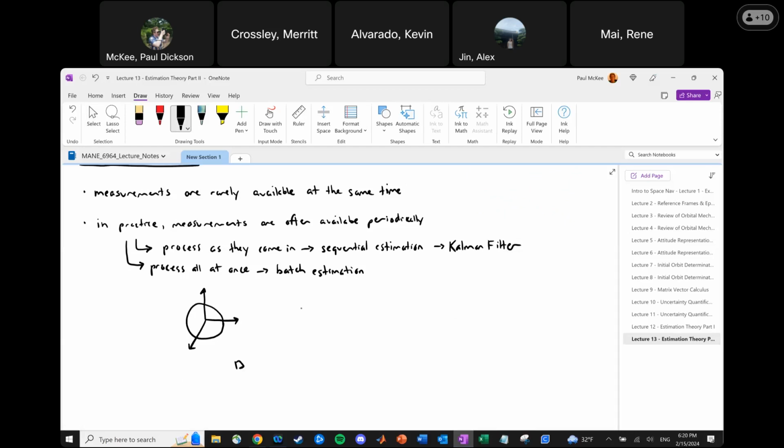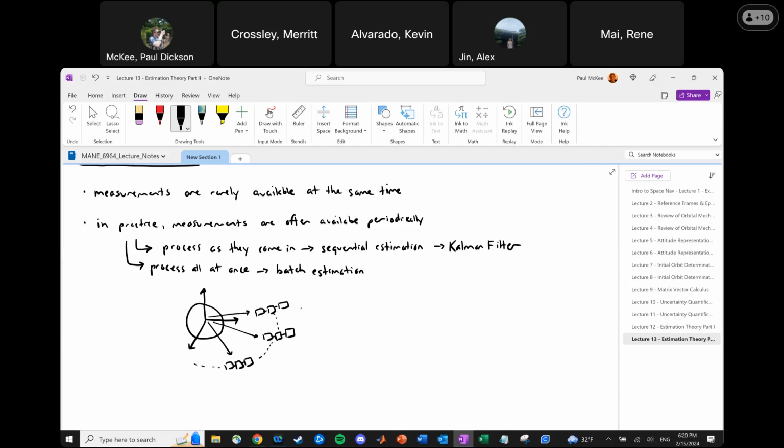Here is a spacecraft. And it is orbiting. So I guess I'm kind of borrowing one of my diagrams from orbit determination. And now it's over here. And let's say we can measure the distances. Well, I basically did just borrow my diagram from orbit determination, right?